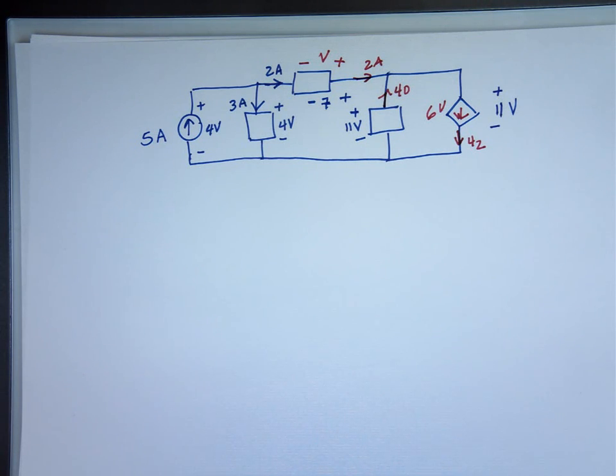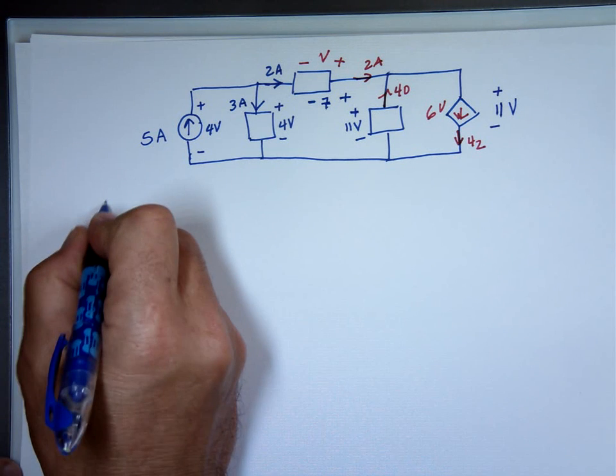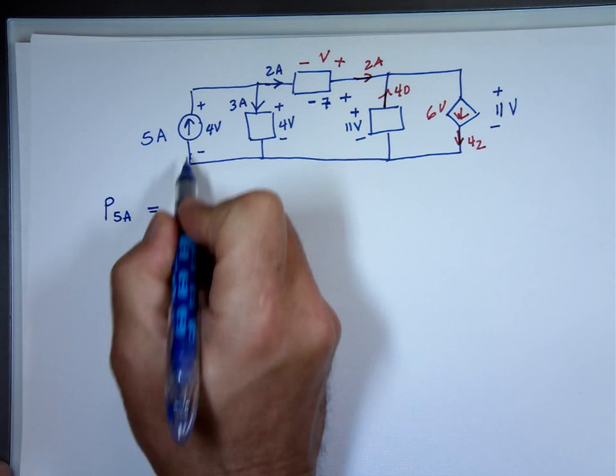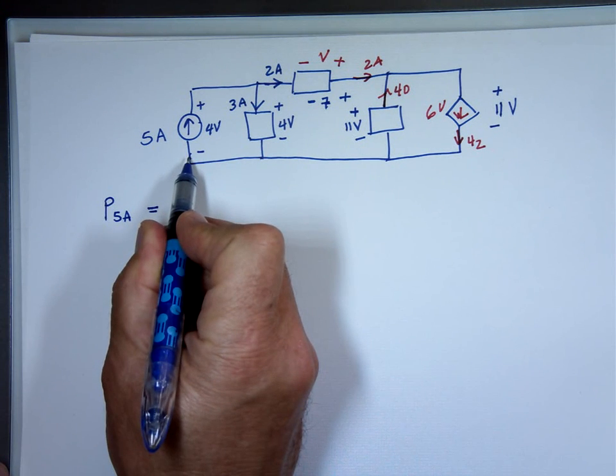And the question: let's find the power absorbed or supplied by each one. Now you're going to find that we have conservation of power, meaning all the power absorbed should equal all the power supplied. Let's look at the power by the 5 amp source. You have a current going up. That means the current is entering from which end? The bottom.